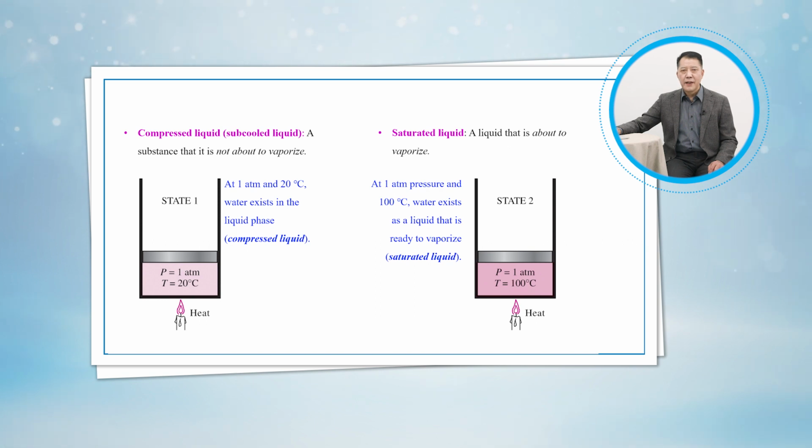That is, a phase change process from liquid to vapor is about to take place. A liquid that is about to vaporize is called a saturated liquid. Therefore, state 2 is a saturated liquid state.